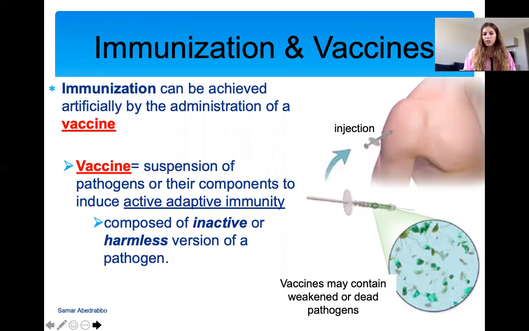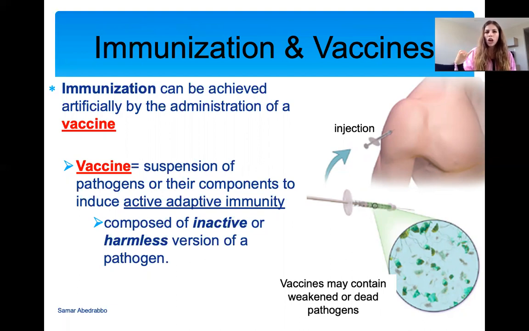So immunization, you being resistant to a disease, can be achieved by actually getting a vaccine. And the definition of a vaccine is a suspension of a pathogen. Remember, a pathogen is anything that causes disease, or components of a pathogen. So look at this shot right here, but just remember, not all vaccines are given as injections.